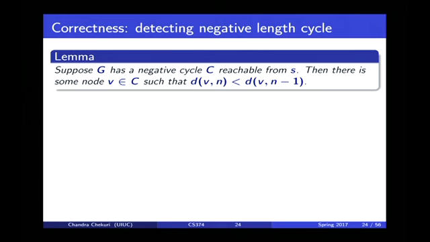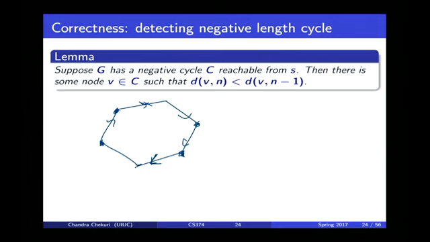Let's prove by contradiction. Suppose there is a negative length cycle. What does it mean that the length of the cycle is negative? That the sum of the edge lengths is negative.